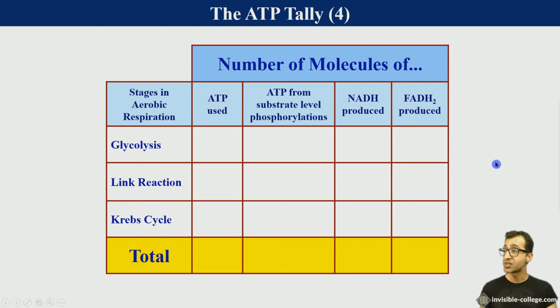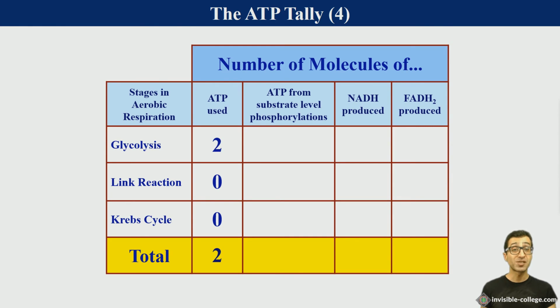So glycolysis uses 2 molecules of ATP per molecule of glucose. The link reaction does not require ATP. The Krebs cycle does not require an input of ATP. So far we've used 2 molecules of ATP.